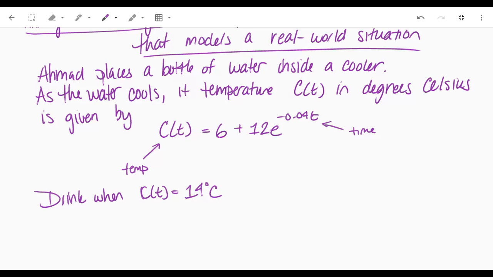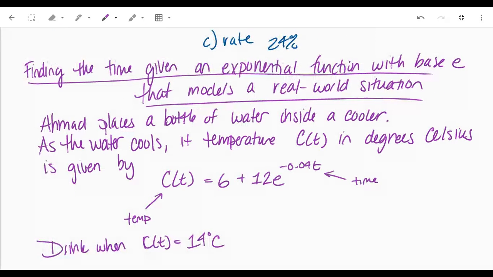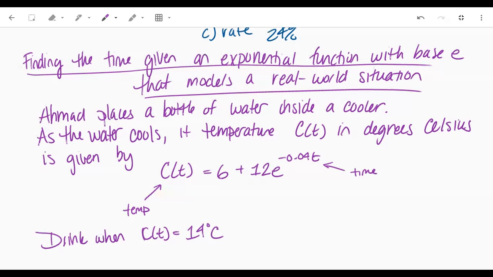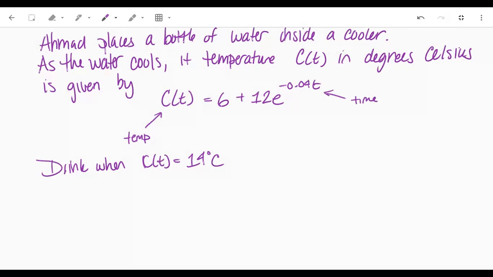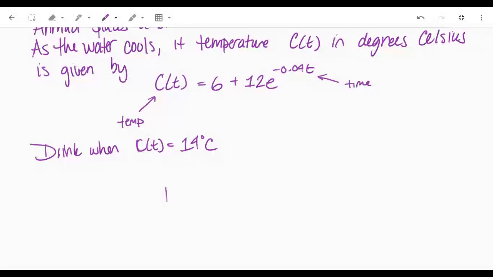It says how many minutes should he leave it in the cooler? All right. Okay, and these are all going to be finding time. All right, so we're going to do 14 is 6 plus 12 e to the negative 0.04 t.